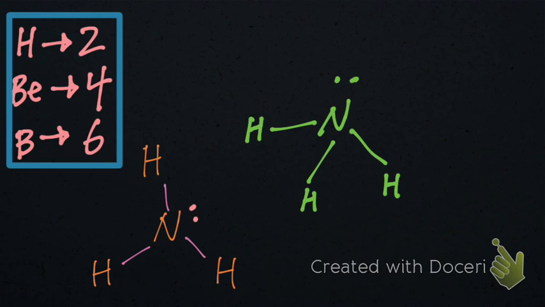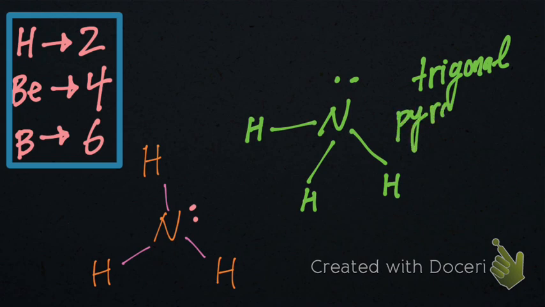Pyramids of Egypt, I believe they're 4-sided. This is a 3-sided pyramid. So it's a trigonal, because triangular, trigonal pyramid is the name for it.